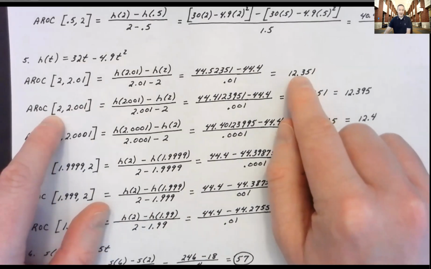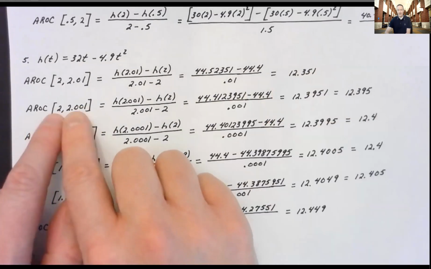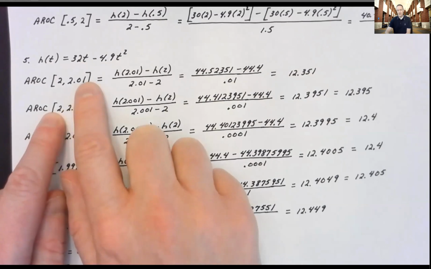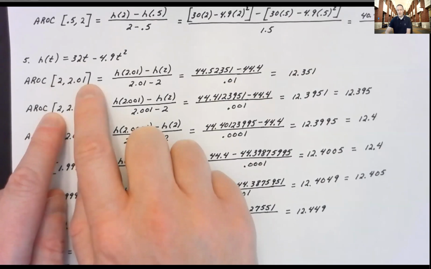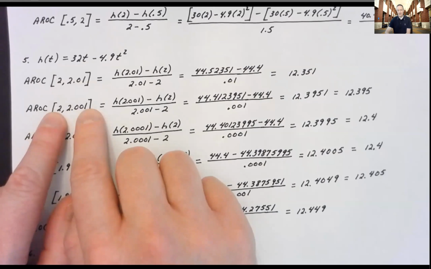Now, as I go, I would like to see if there's some pattern as I try to be more and more precise and approach 2. This was the average rate of change from 2 to 100th of a second later. What about when I go from 2 to 1,000th of a second later?